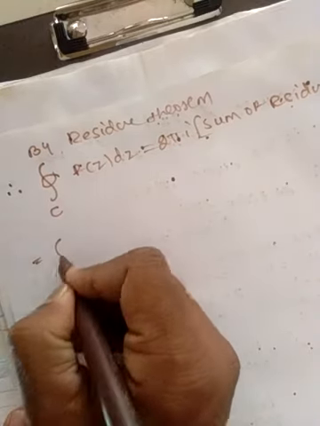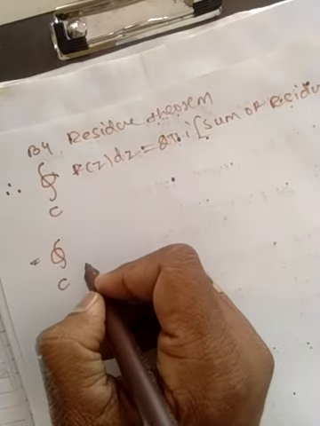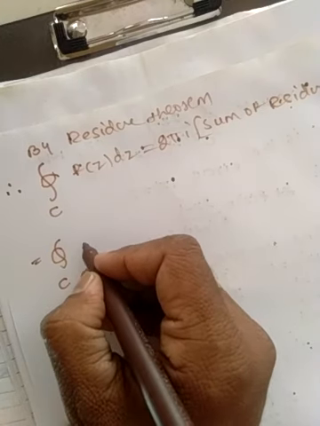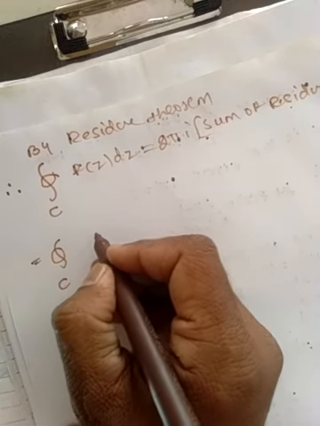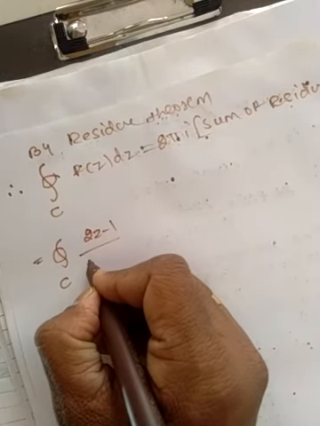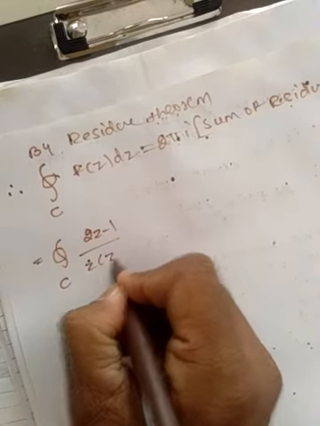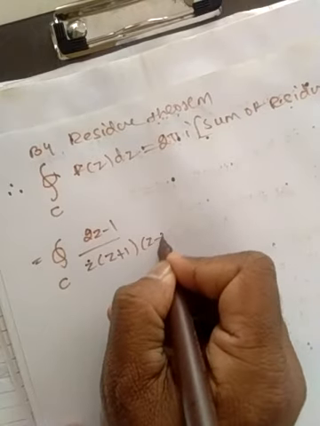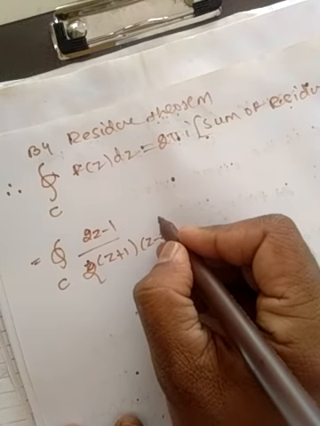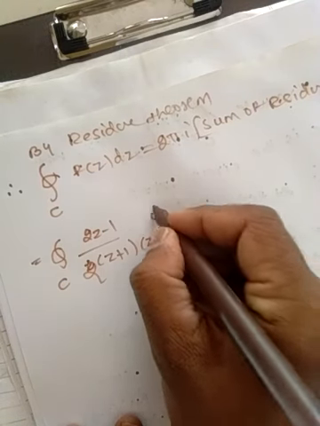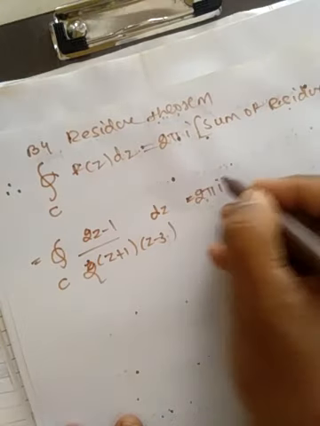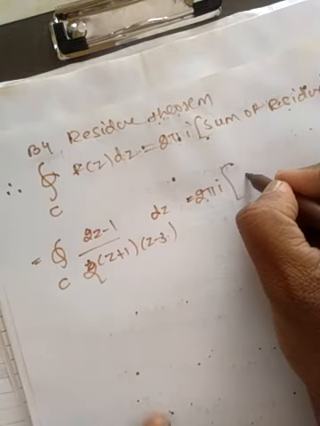That is, integration over C of (2z minus 1) divided by 2 into (z plus 1) into (z minus 3) dz is equal to 2 pi i into the sum of the residues.